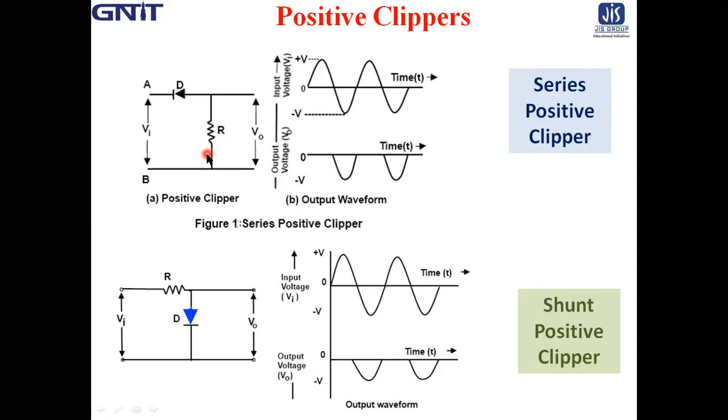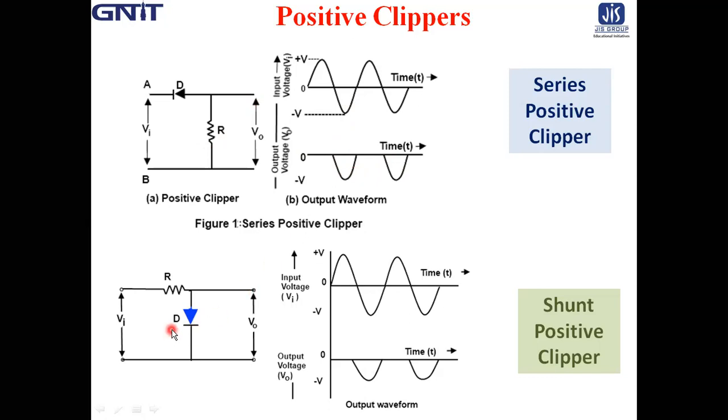As a result, all the applied voltage drops across R, and no voltage drop occurs across D. Thus, the negative half cycle passes through the circuit while positive half cycle is blocked or removed, which is actually shown in this diagram, output waveform.